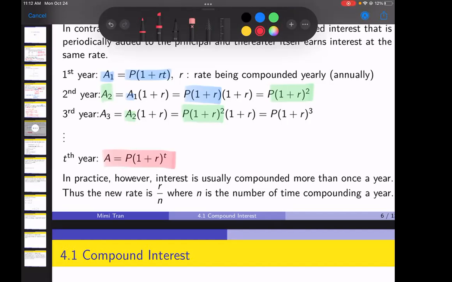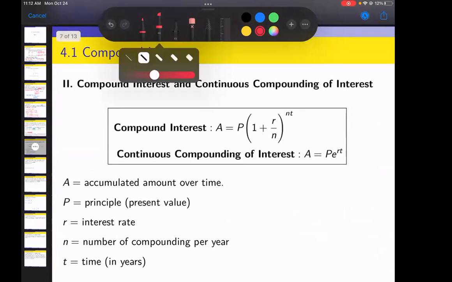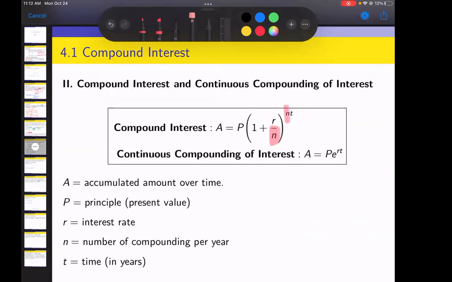So N is the number of compoundings a year. Say you compound twice a year, semi-annually, N is 2. So the rate here is going to be replaced with the rate divided by N, the number of compoundings per year. If you divide by N, well, they have to make it up for you somehow. They multiply N back with T in the exponent at the top. So that's where the formula of compound interest comes from.